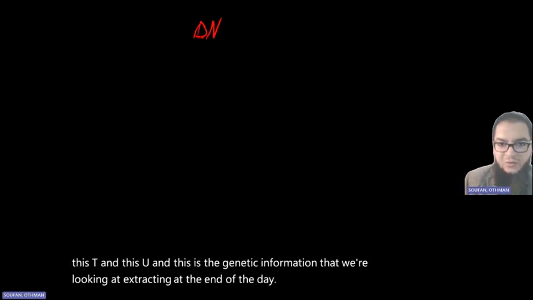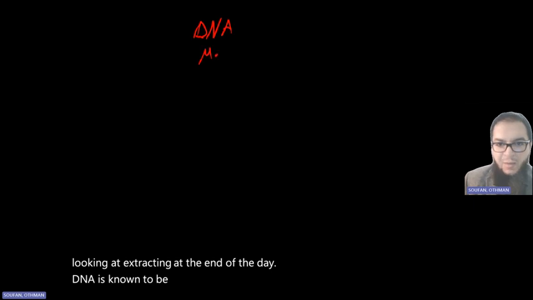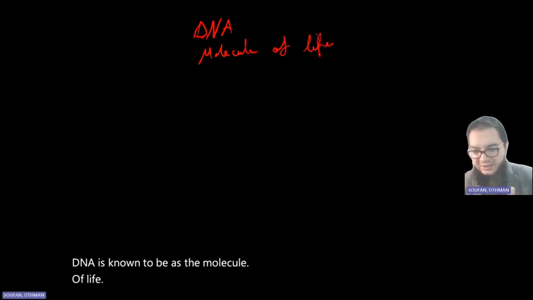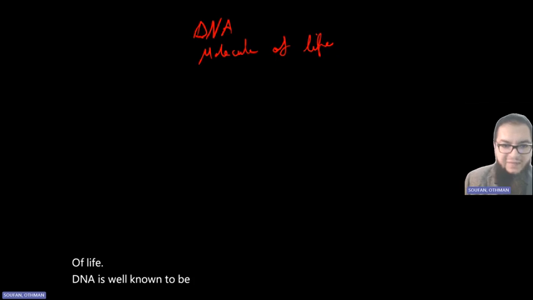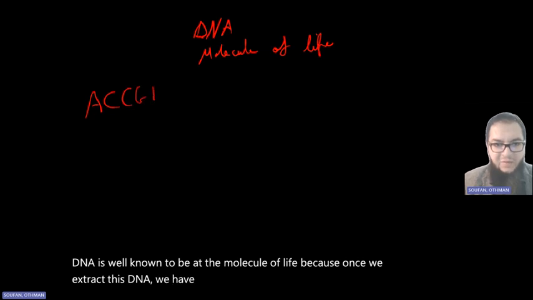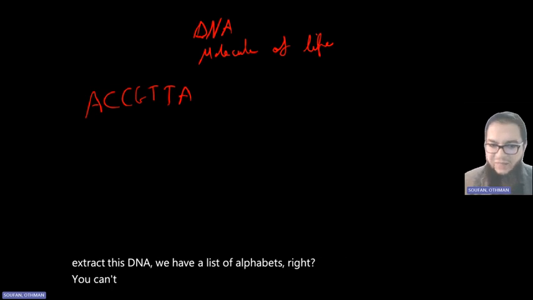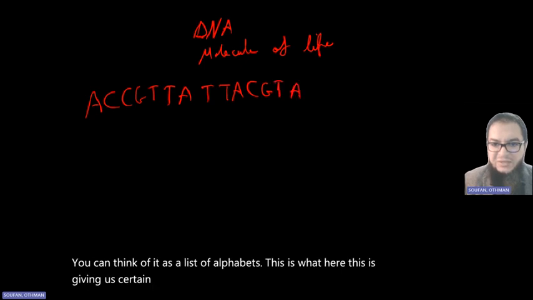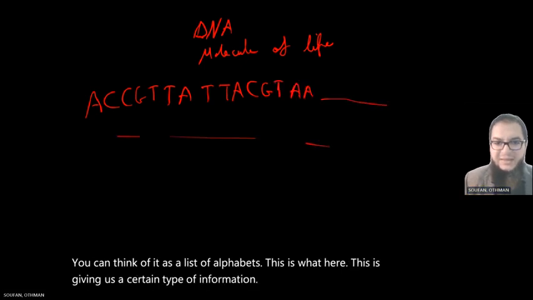DNA is known as the molecule of life, because once we extract this DNA, we have a list of alphabets, right? You can think of it as a list of alphabets. This is giving us certain types of information, okay?